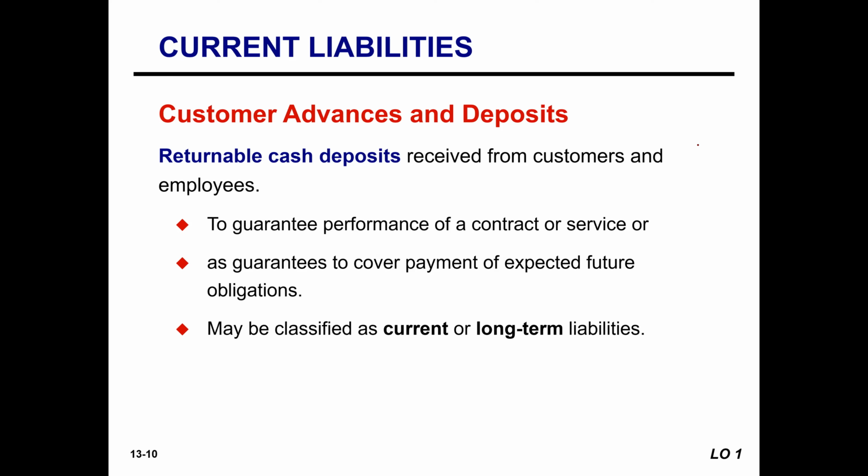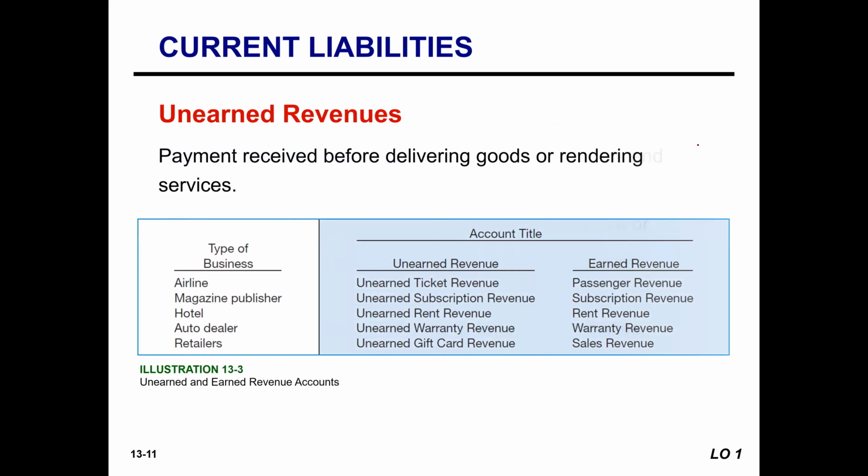And so it is a liability to us because then we owe some type of product or service, right? And just like it shows at the bottom here, this can be classified as current or long-term, depending on the arrangement with the customer and when this obligation is going to be satisfied, right? When the performance obligation is satisfied.